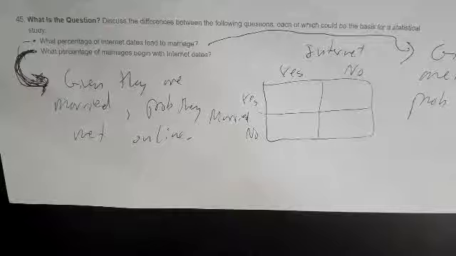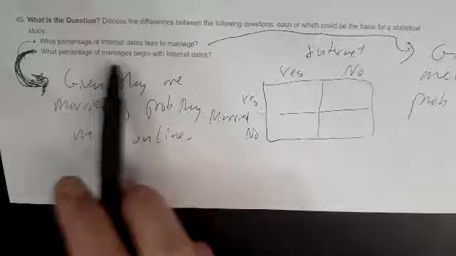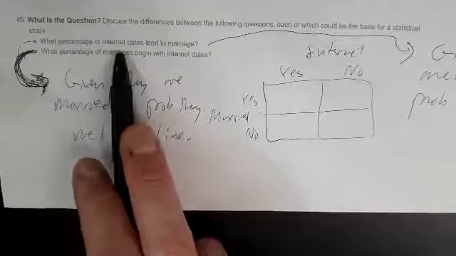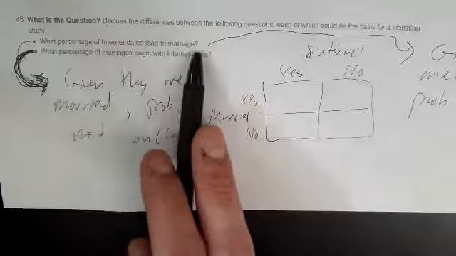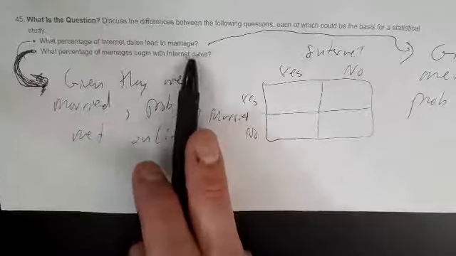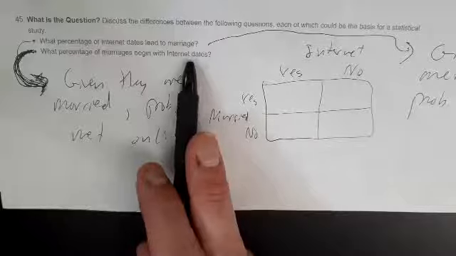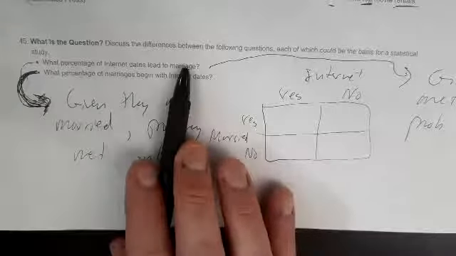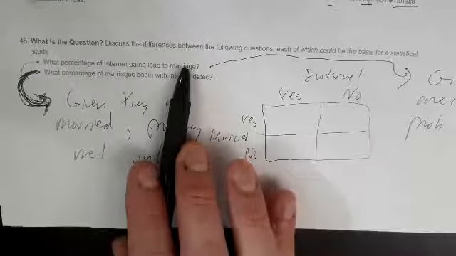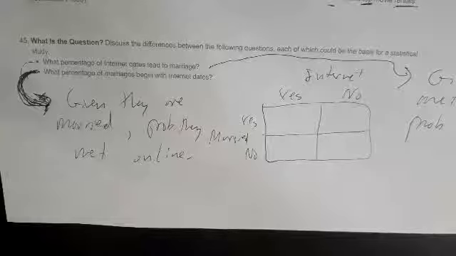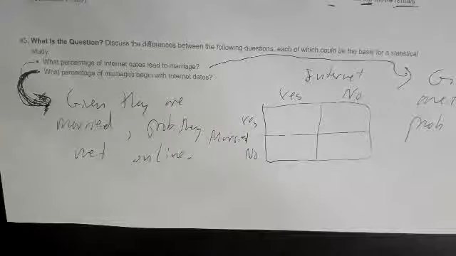After you look at the population of people married, you're gonna look at the people that had internet dates and the people that didn't have internet dates and compare them, right? Right. This one, you're gonna look at everyone that dated online, and then look at did they marry or not. So what's the sample?